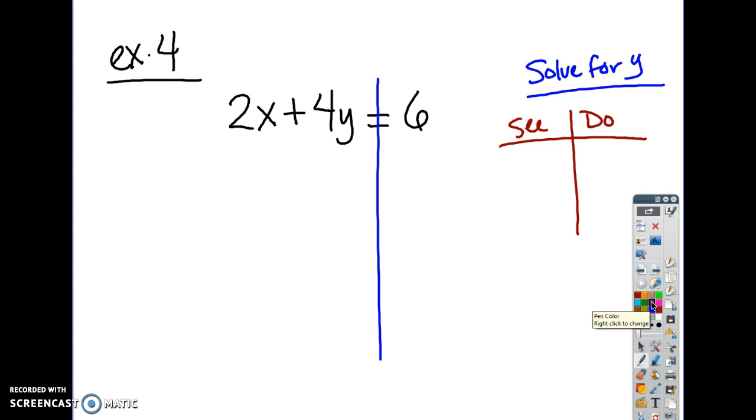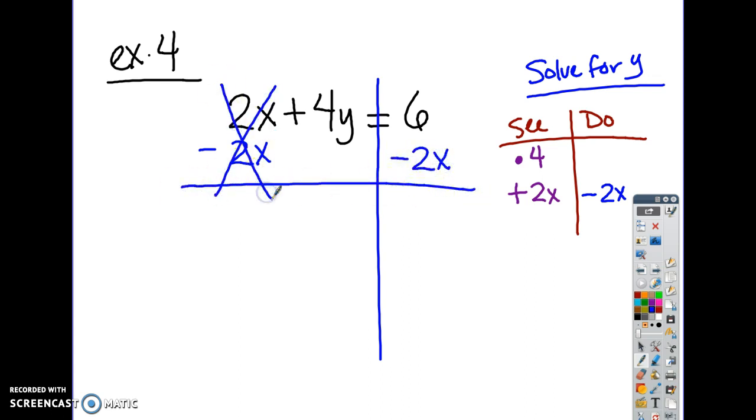What do you see happening with the y? It's multiplying by 4. What else is it doing after it multiplied by 4? Adding 2x. They added 2x. So what are you going to do first? Subtract 2x from both sides. So minus 2x, minus 2x.